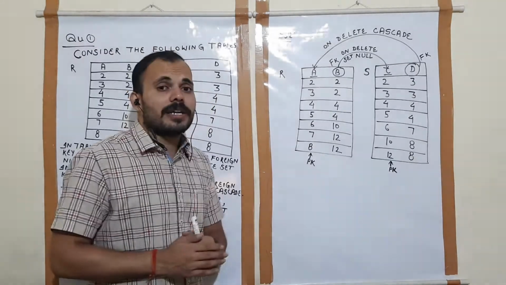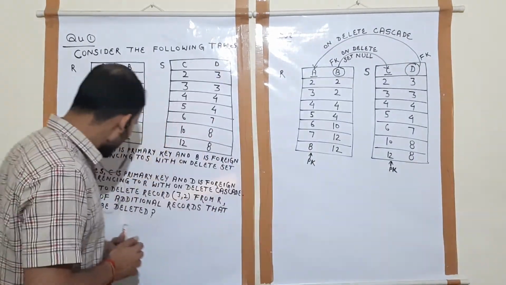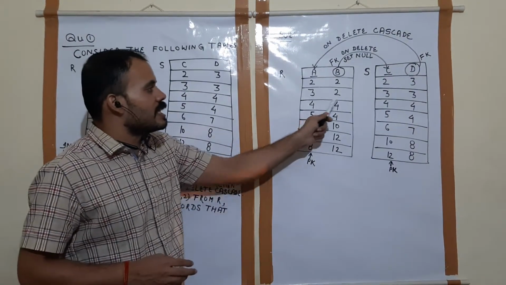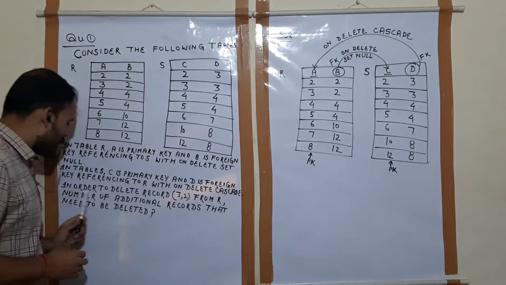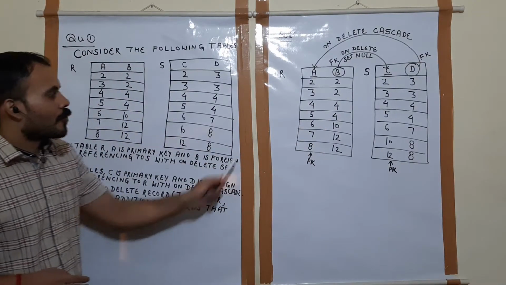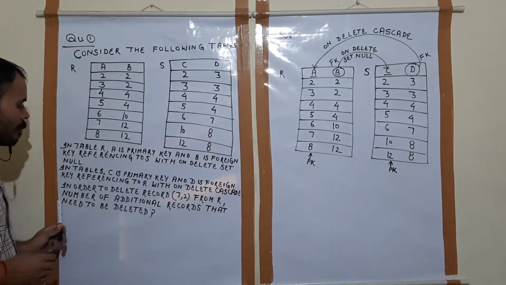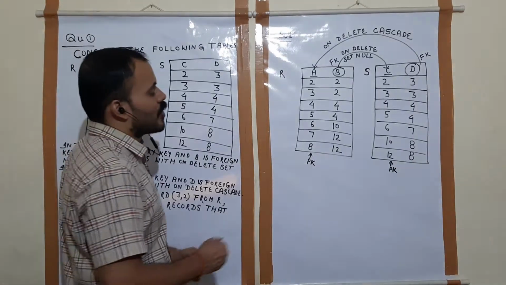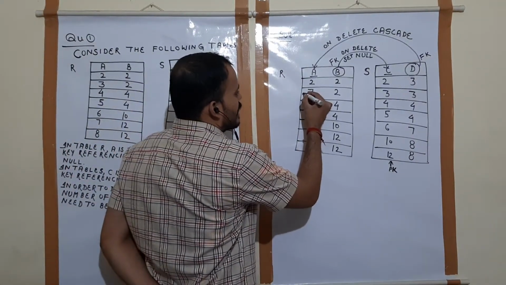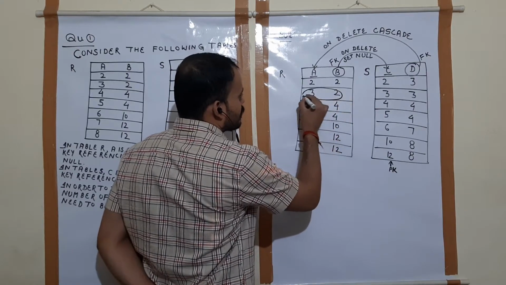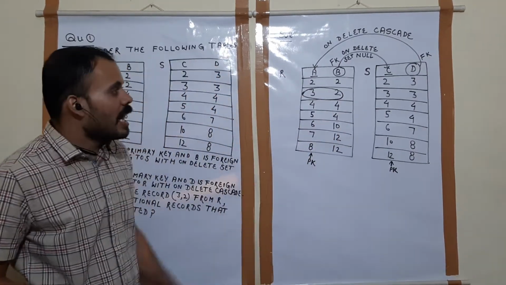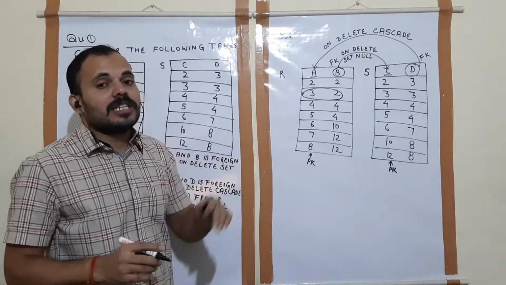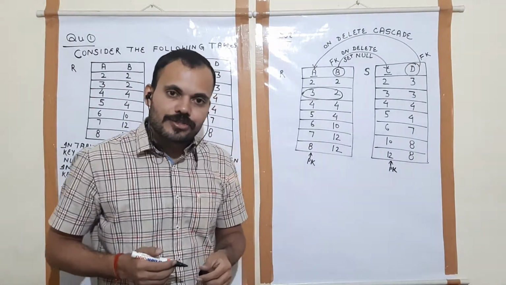Understood? Now see what is asked in the question. See here, in order to delete record 32 from R, the number of additional records that need to be deleted. It is asking, in order to delete record 32 from the relation R, the number of additional records that need to be deleted.